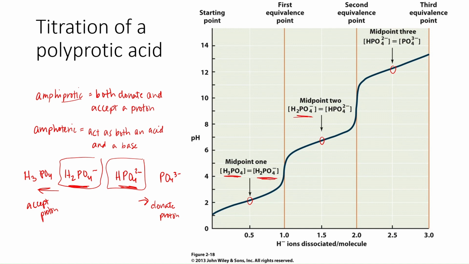The second one is equal amounts of dihydrogen phosphate and hydrogen phosphate. And the last one is equal amounts of hydrogen phosphate and phosphate. And so within one pH unit of these three pKa's, you have three different pH ranges where these species can act as a buffer.